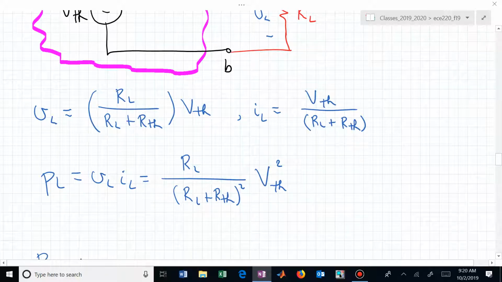Well, this is one way to use that relationship you have with calculus and say, okay, if I have this formula and it is dependent on a variable, r sub L, I want to now maximize that formula with respect to r sub L. And I know V Thevenin and I know R Thevenin. Those are considered constants.